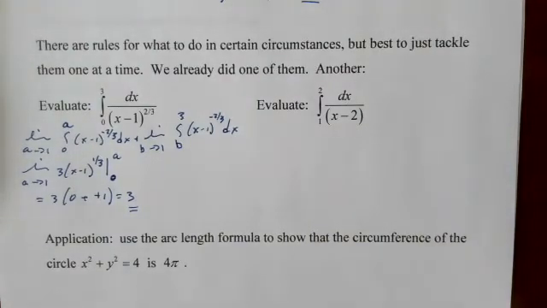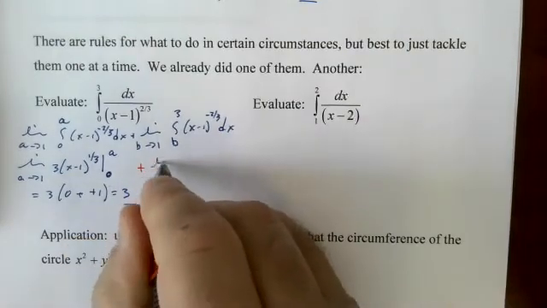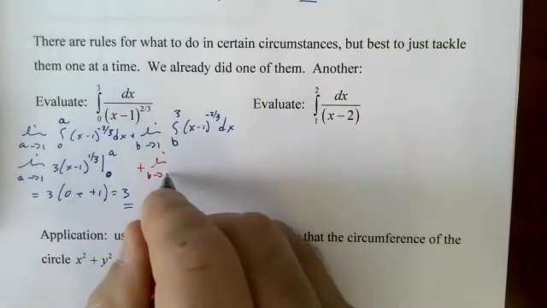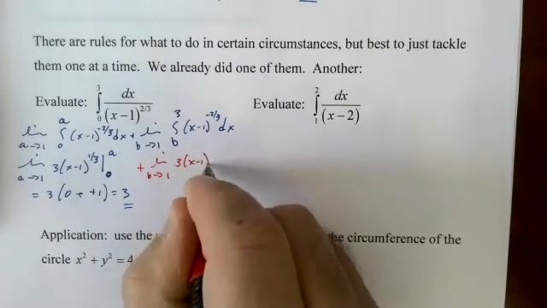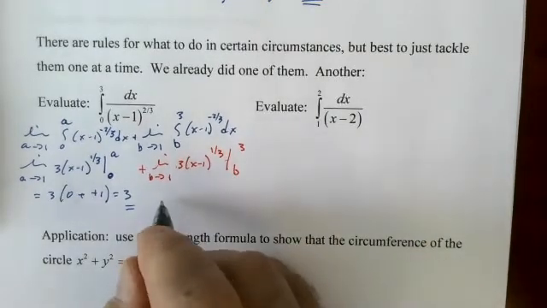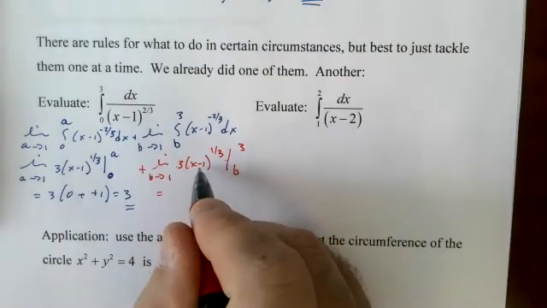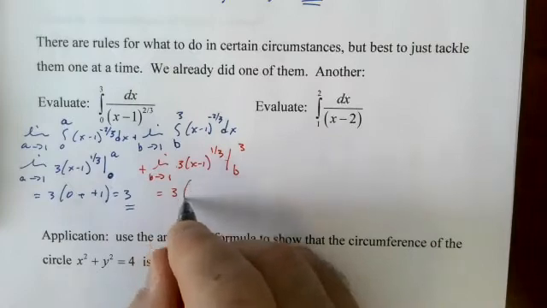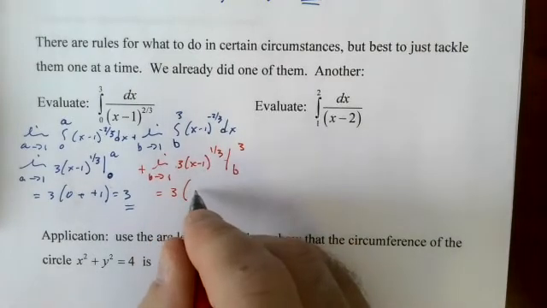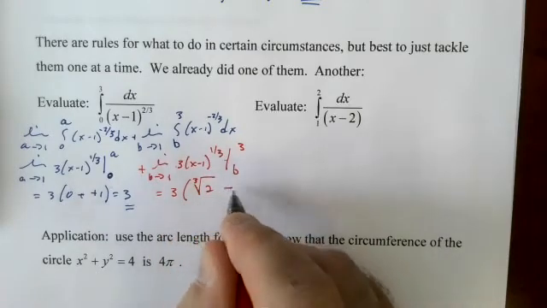One of the fun parts about making videos, there's always something go wrong. Okay, plus limit as b goes to 1, 3 times x minus 1 to the 1/3, b to 3, equals 3 times the third root of 2, minus 0.